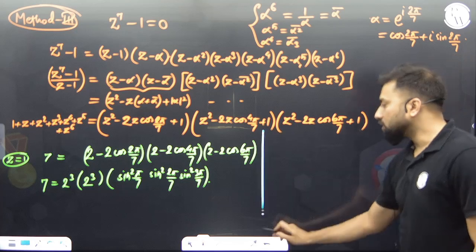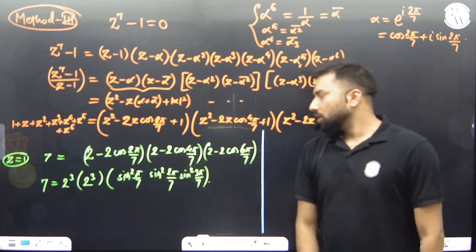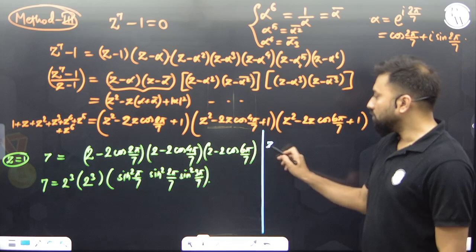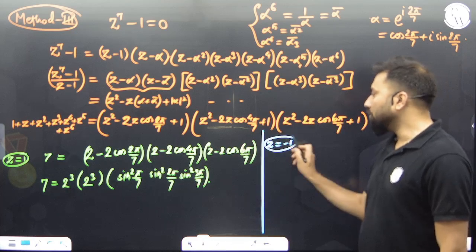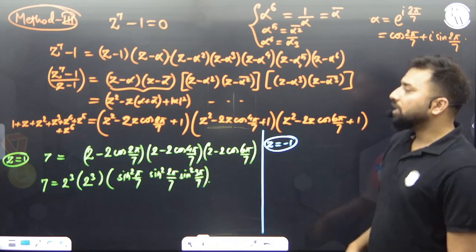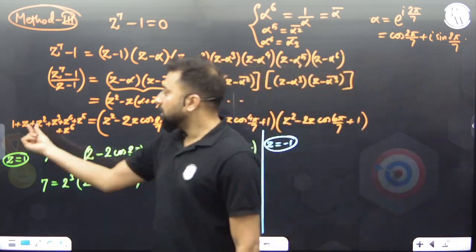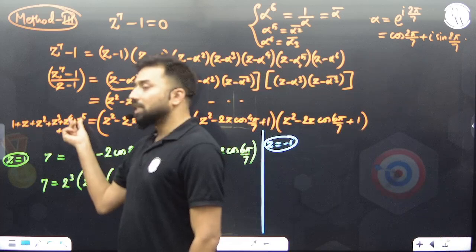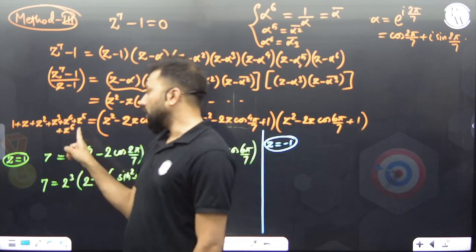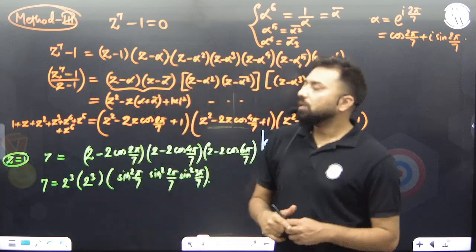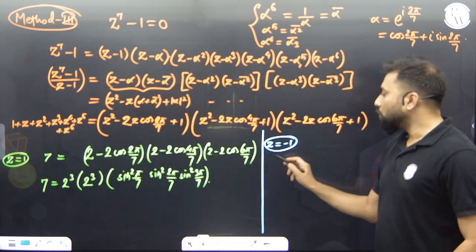Now similarly I can put z equals minus 1 in the same expression. On the left hand side, the terms cancel, and putting z equals minus 1 this becomes plus 1.